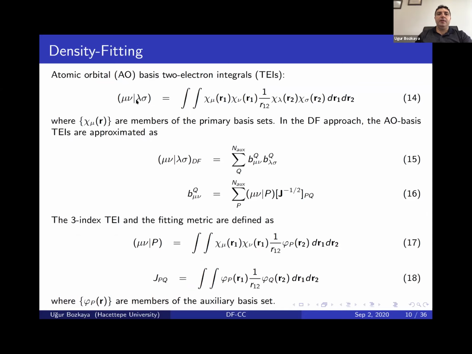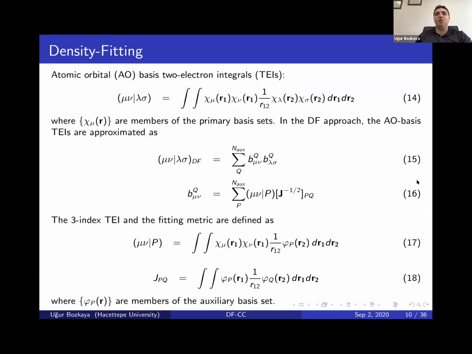Here, let me give you some more details about density fitting. This is our atomic orbital 2-electron integrals, (μν|λσ), and this is its explicit form. Here, χ_μ are the members of the primary basis set.